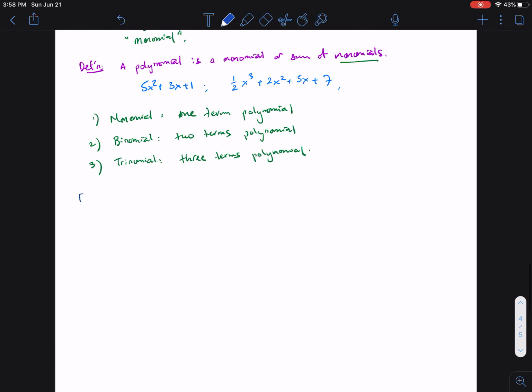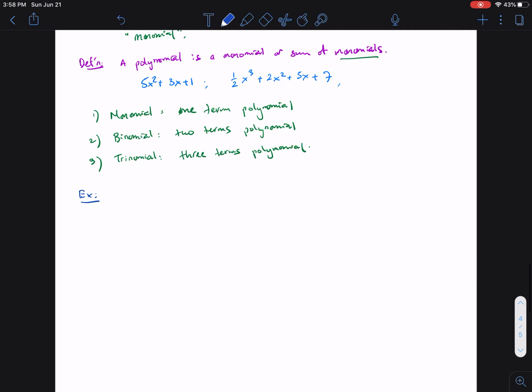Some other basic stuff regarding polynomials. Let's say we have an example such as 7x to the third plus 2x squared plus x plus 10. The 7 is the leading coefficient. We say that's the leading coefficient.